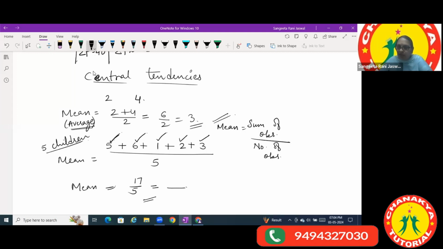So I added them all and then I divided by 5. Okay, you understood this much part? Yes, I understood. Okay, great.